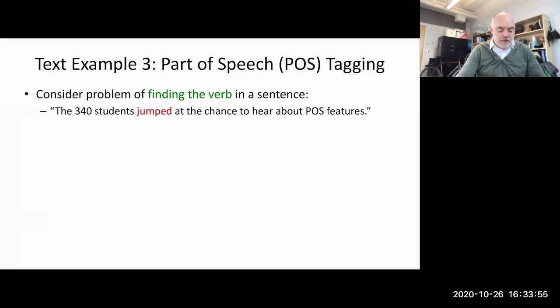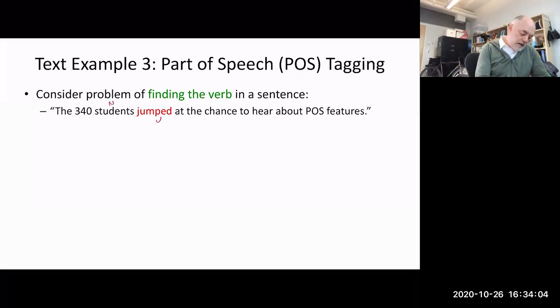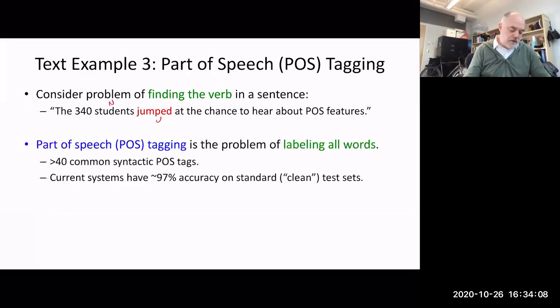So here's another example, part of speech tagging. What are the parts of speech of all of the words in the sentence? There's verb, noun, adjectives, adverbs, and so on and so forth. So the part of speech tagging problem is the problem of labeling all of the words with their parts of speech.